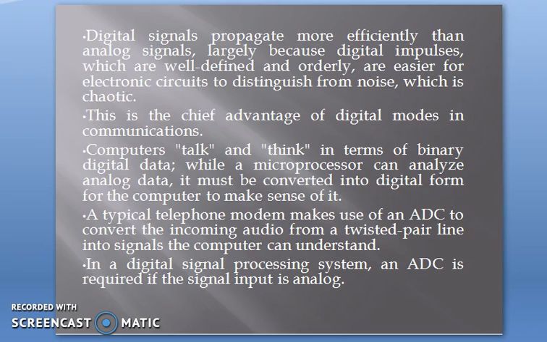That is, if a computer needs to give some output to a microprocessor, then the digital data should be converted to analog data. A typical modem makes use of this analog to digital converter to convert the incoming audio from a twisted pair line into signals the computer can understand. And in digital signal processing, an ADC is required if the signal input is analog.